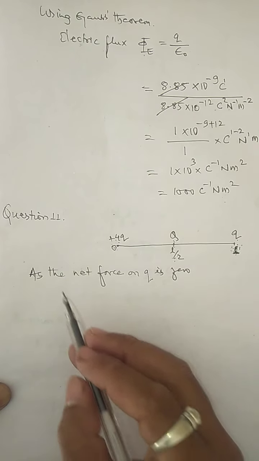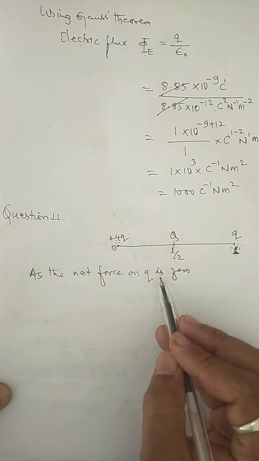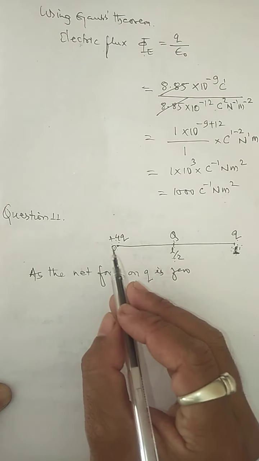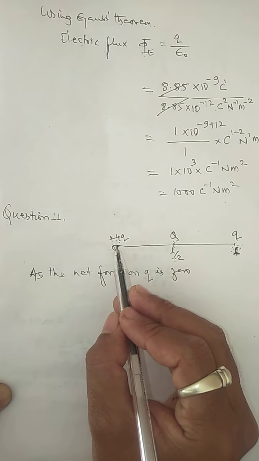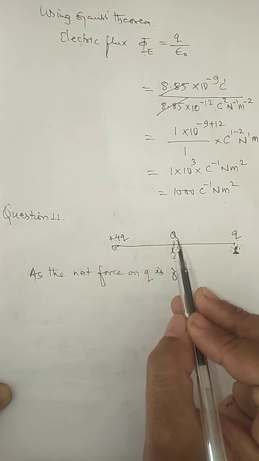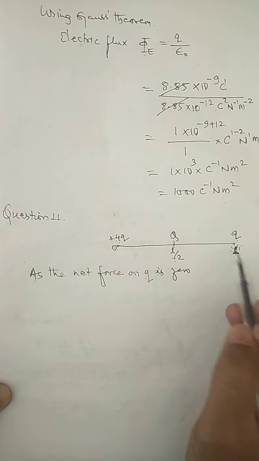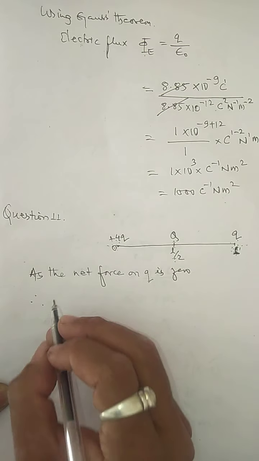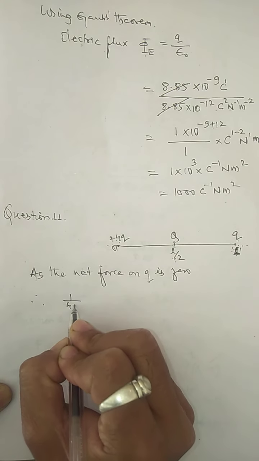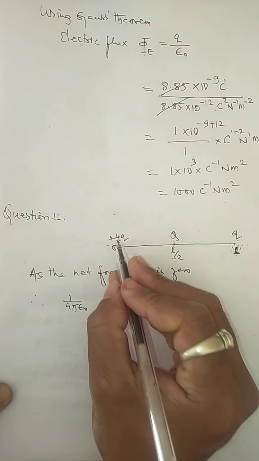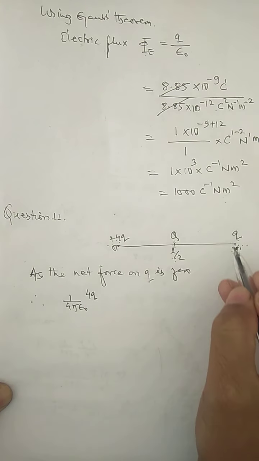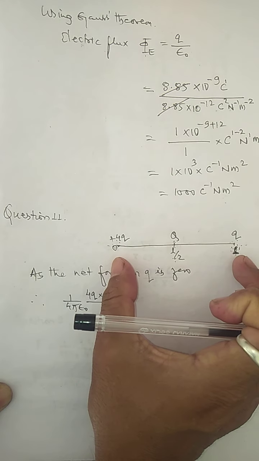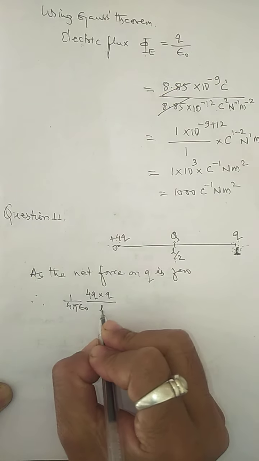As the net force on small q is 0, we use Coulomb's law. According to Coulomb's law, the force exerted by the 4q charge on small q plus the force exerted by capital Q on small q must be 0. The force between these two charges is given by 1 by 4 pi epsilon naught, 4q times q, by the distance between them, L, so L square.